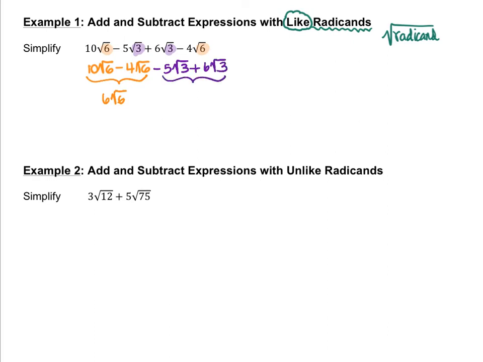And when we combine those, we end up with a positive 1 square root of 3. So altogether, what we've got is 6 square root 6 plus square root 3. Remember that when we have that coefficient of 1, we really don't write it. And that's our final answer for that one.